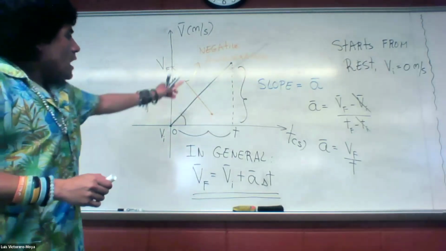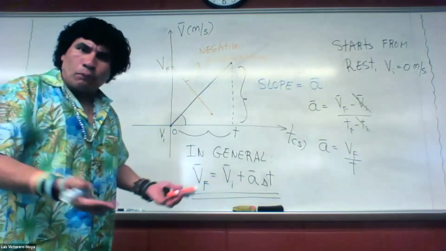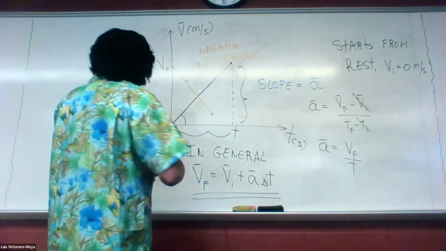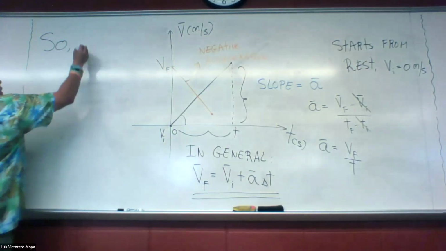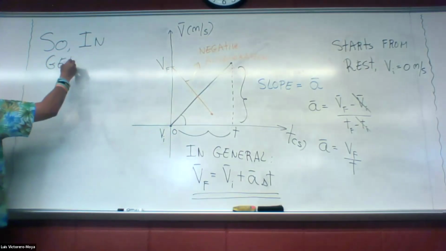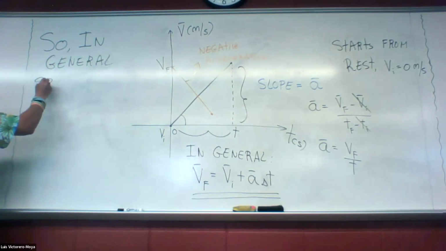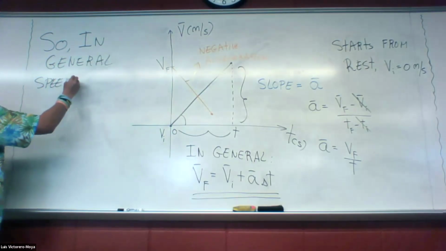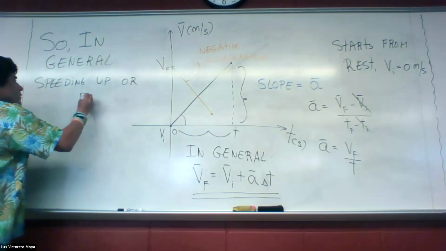And the thing is, I can use the same equation, but I'm going to make it general now, in general now, for positive and negative acceleration. So, speeding up or slowing down.